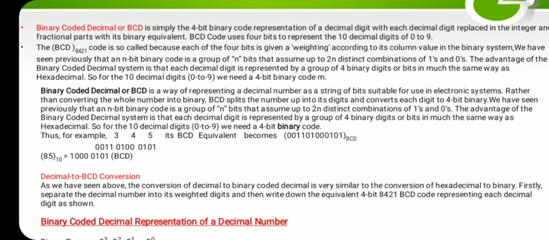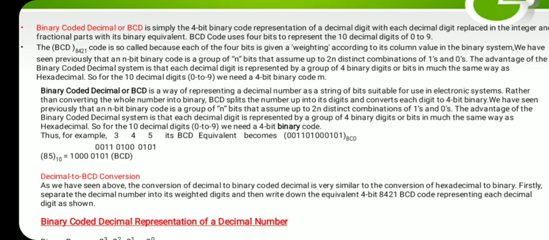Now what is the purpose of this BCD code representation? Suppose we have a big decimal number, a 2-digit number, say 51, or a 3-digit number, a 4-digit number or a 10-digit number.